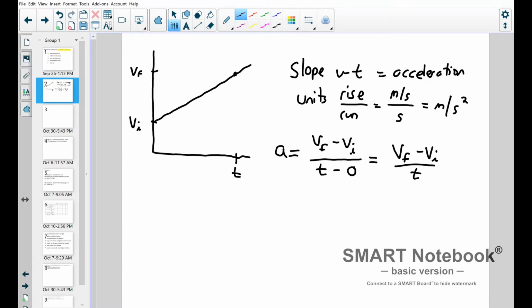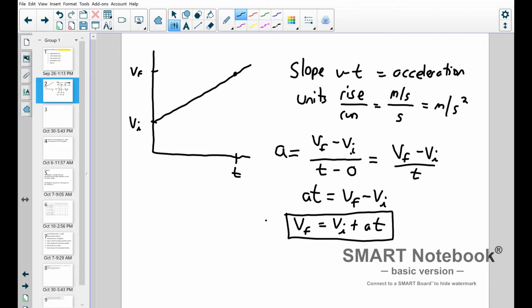Now I'm going to simplify this. I'm going to multiply both sides by t to get it out of the denominator. Vf minus Vi. And then I'm going to bring Vi to the other side. So here's my first equation of motion for constant acceleration.